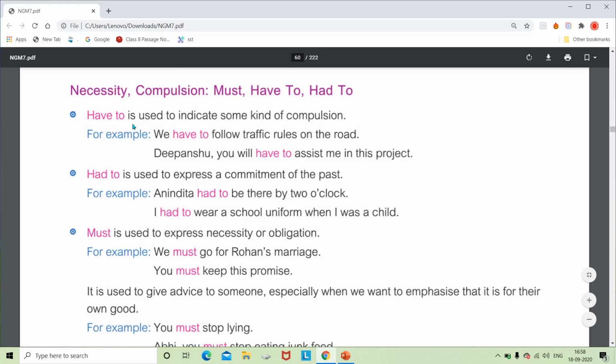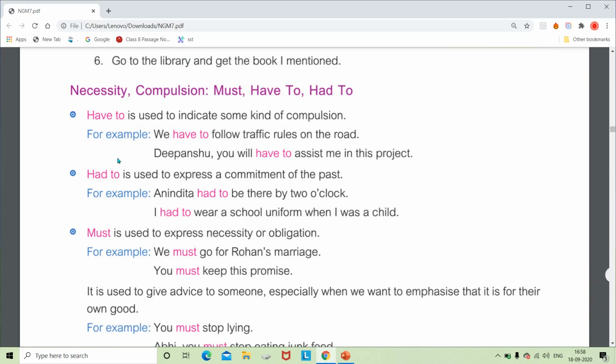Have to, it is used to indicate some kind of compulsion. When something is compulsory, mandatory, we have to use have to. Like we cannot avoid that, whether we wish or not, we have to do that. So for such situations we use have to. This is also one kind of modal auxiliary.